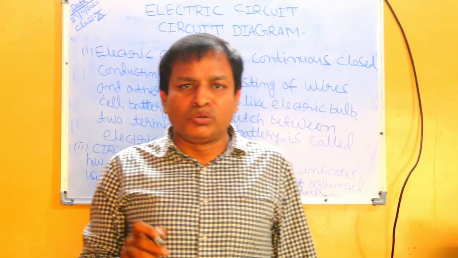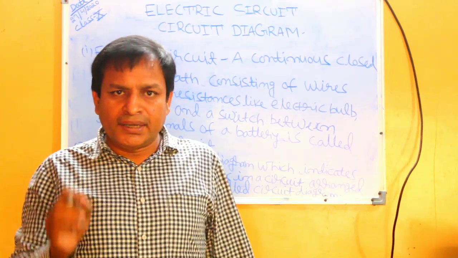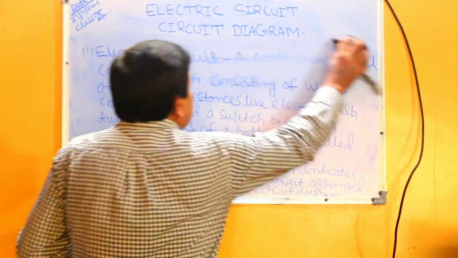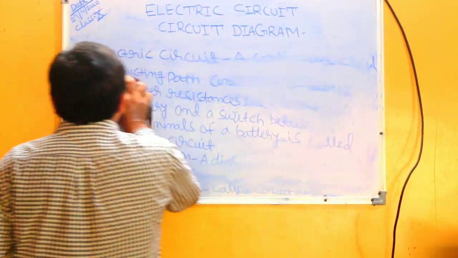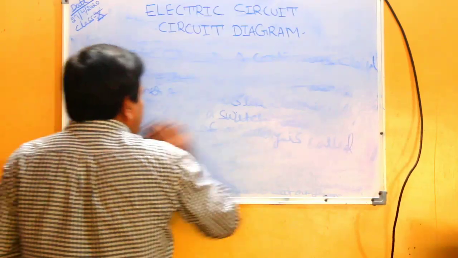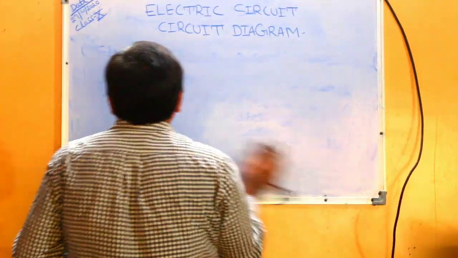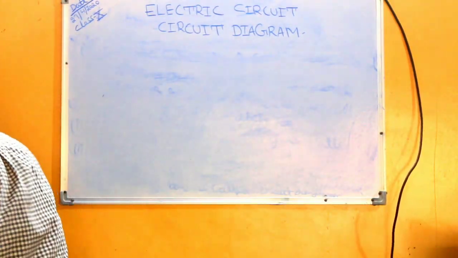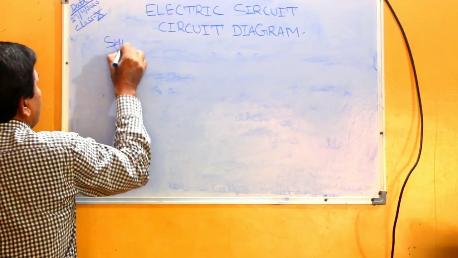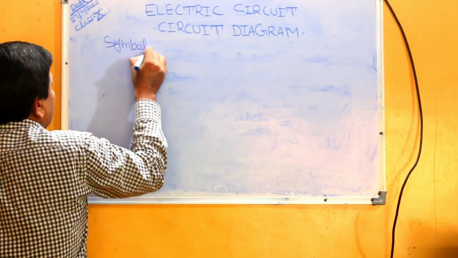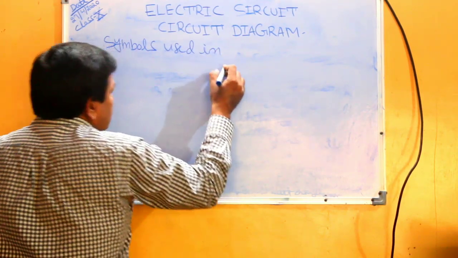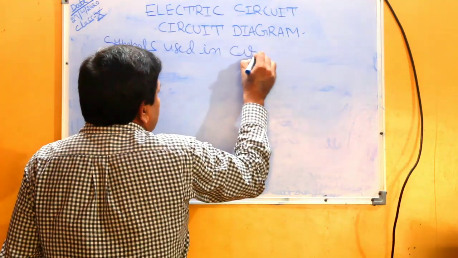We make the circuit diagram using the symbols of different electrical equipments. For example, we study about different symbols used in circuit diagram. First is connecting wire.